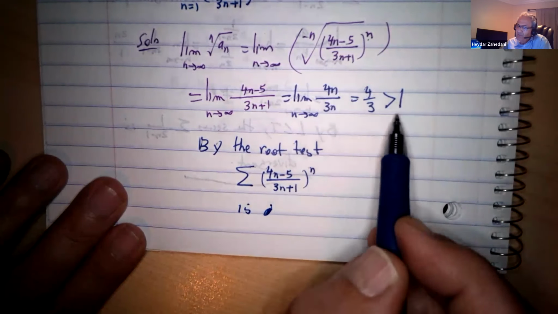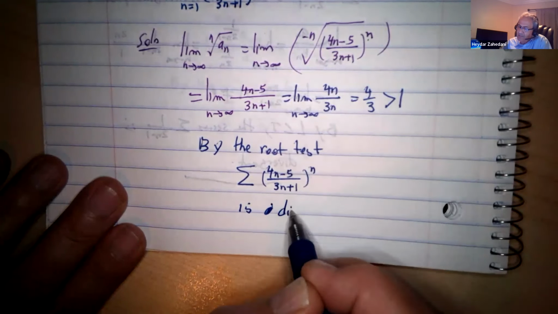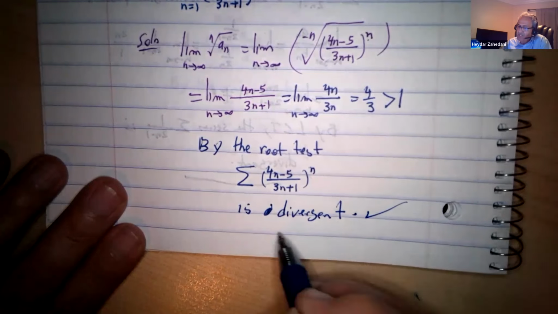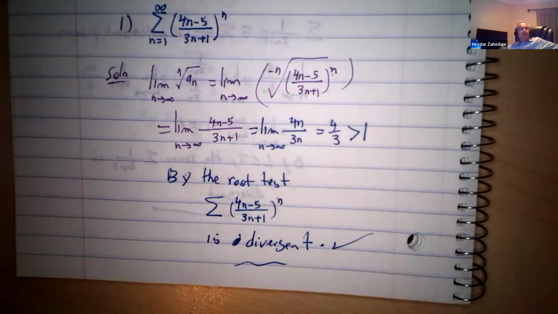Oh no, divergent, bigger than 1. Divergent. Okay, divergent, and you're done. So it's a very easy test. Just use it when you see the original term raised to the n, raised to the 2n. So you can't miss it even on the test. It's going to be an easy question.